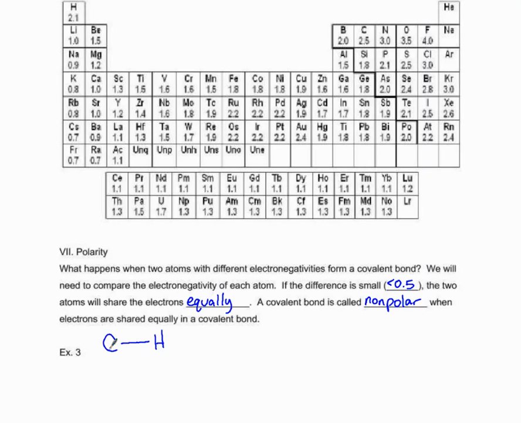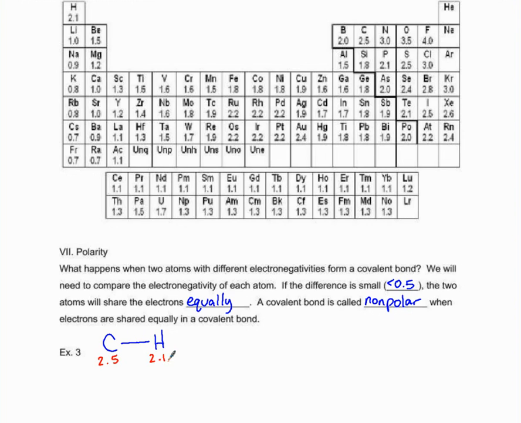Carbon has a value of 2.5. So we'll write 2.5 here. And hydrogen has a value of 2.1.